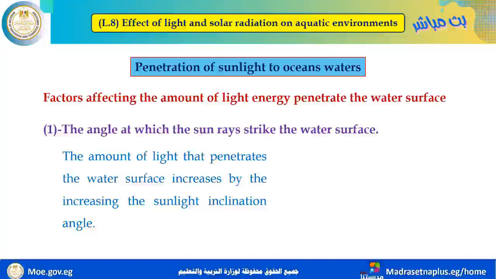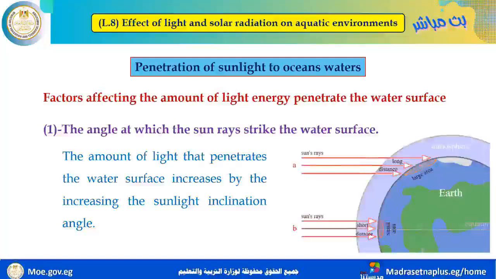All of you look to this diagram, which represents the sunlight which falls on different areas of the Earth's surface. Okay?